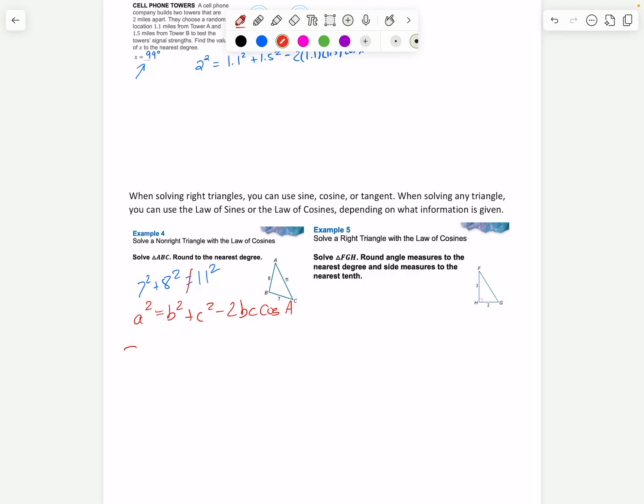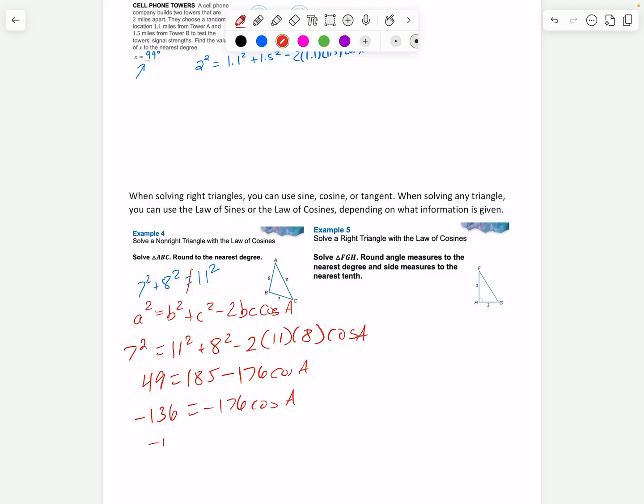So here we got 7 squared equals 11 squared plus 8 squared minus 2 times 11 times 8 cosine A. So 49 equals 185 minus 176 cosine A. We move that 185 over.